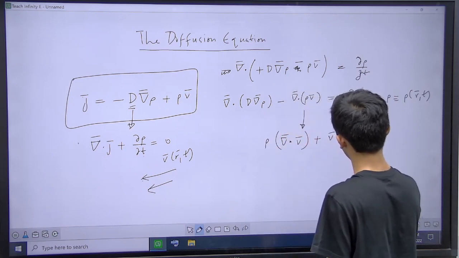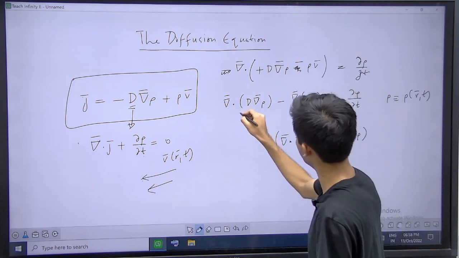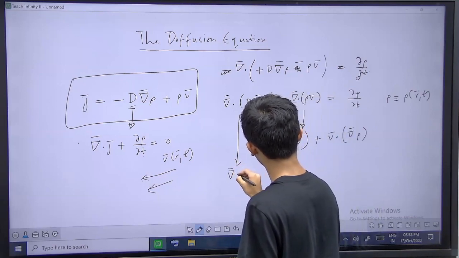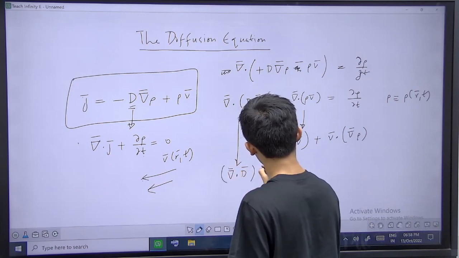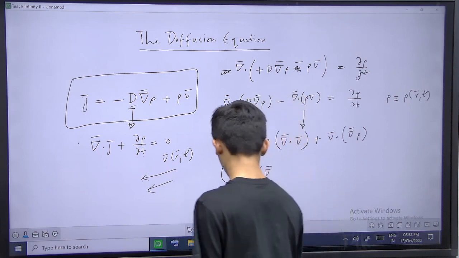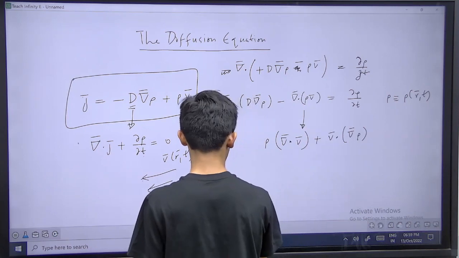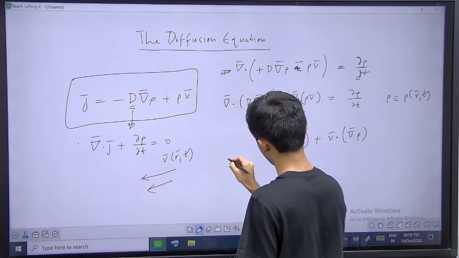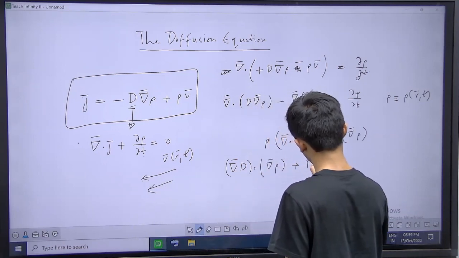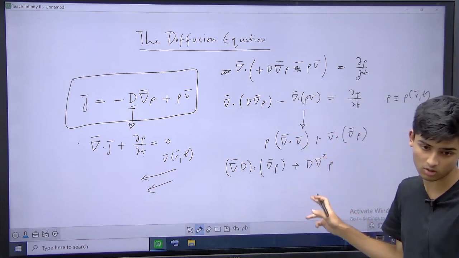That will be this, and this term will somehow... This nabla square denotes the Laplacian.